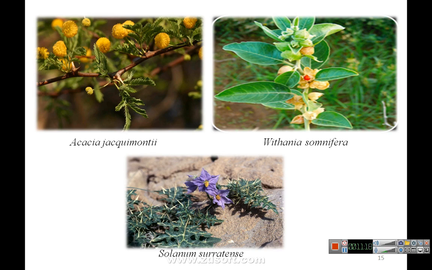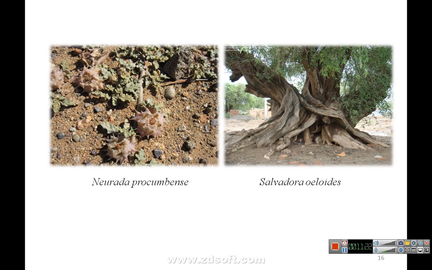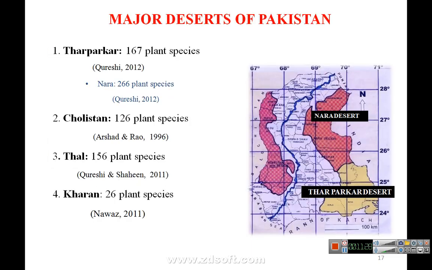Solanum surattense, Neurada procumbens, Salvadora oleoides. Okay, so now coming to the major deserts of Pakistan.